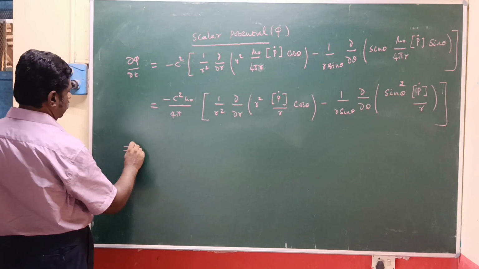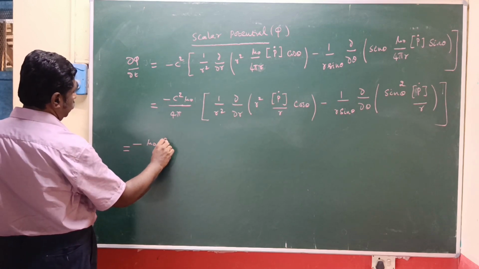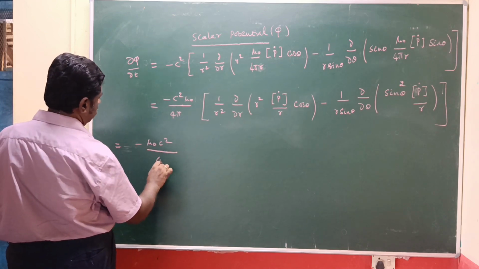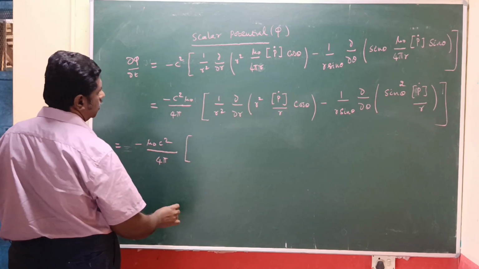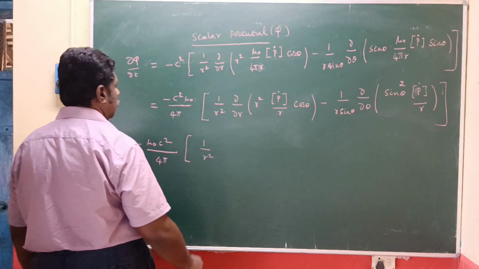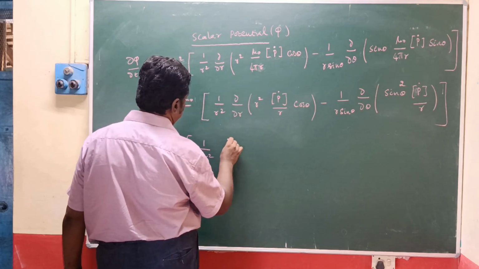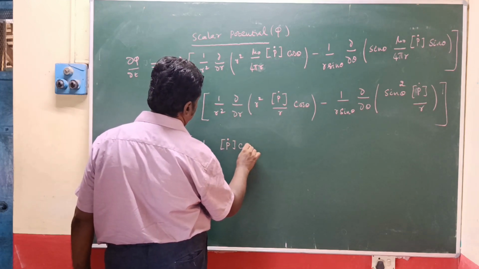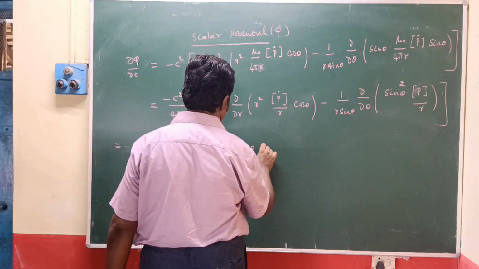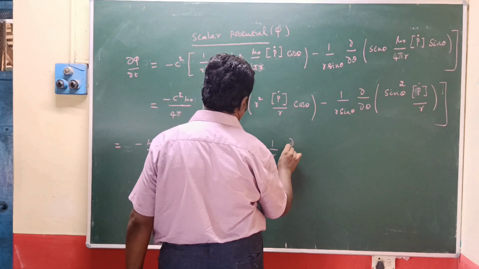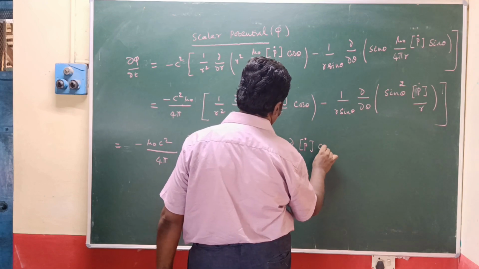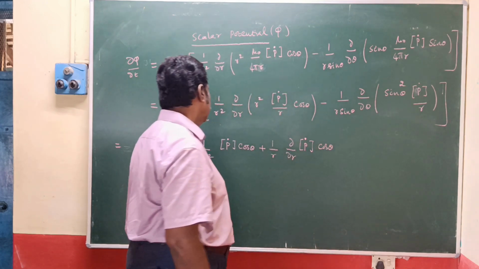This is equal to minus mu naught c square divided by 4 pi, 1 by r square P dot cos theta plus 1 by r dou by dou r of P dot cos theta.